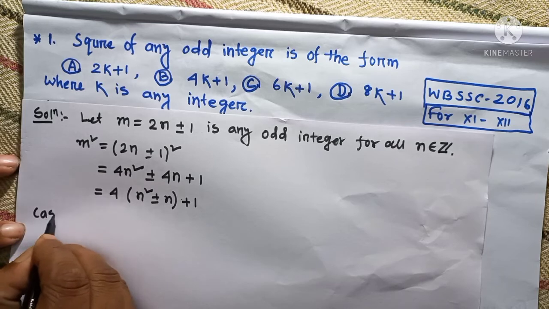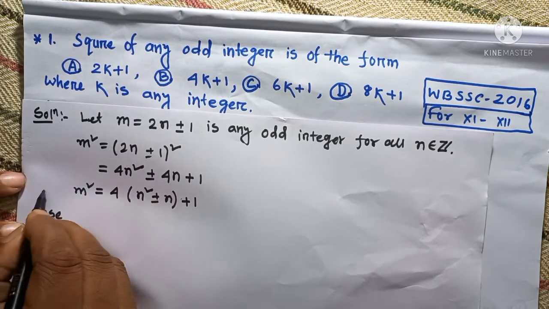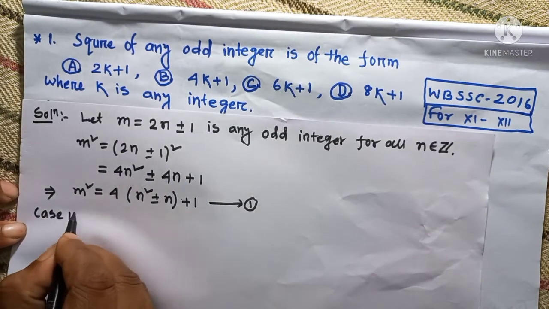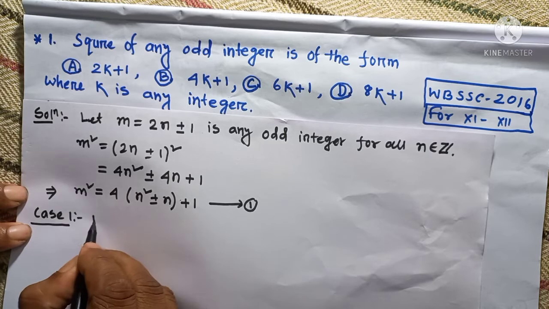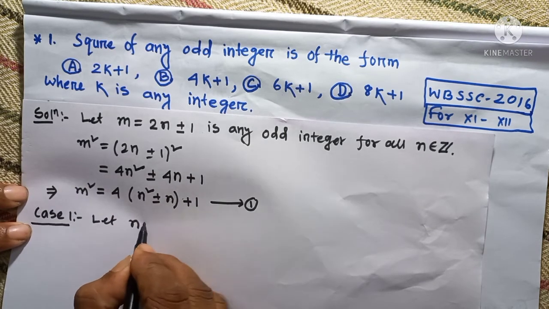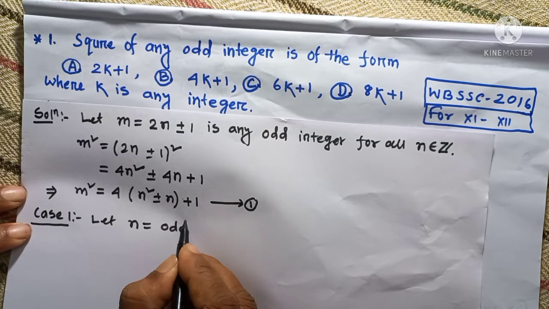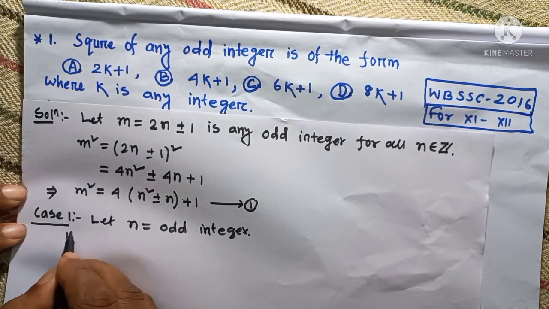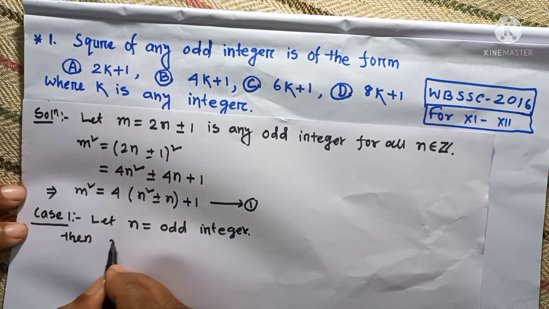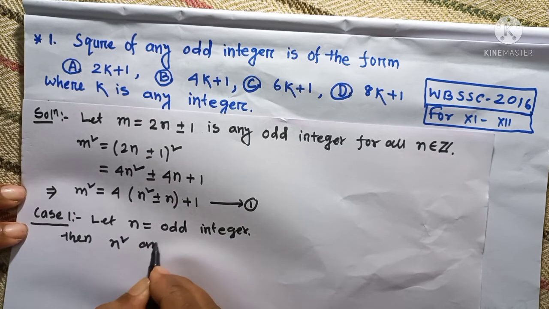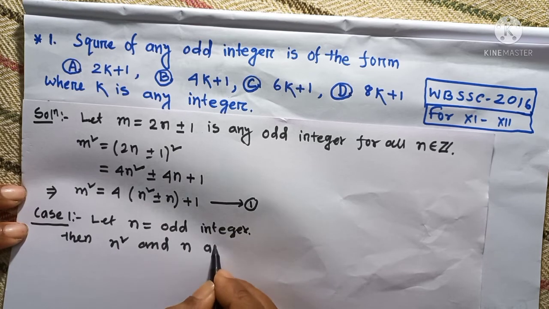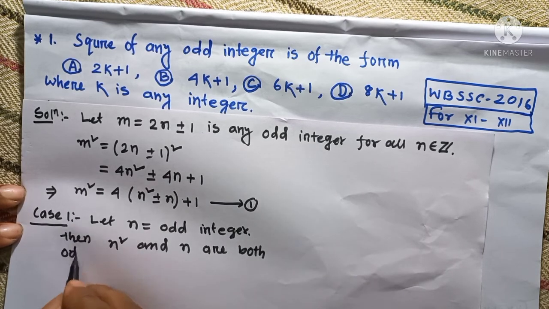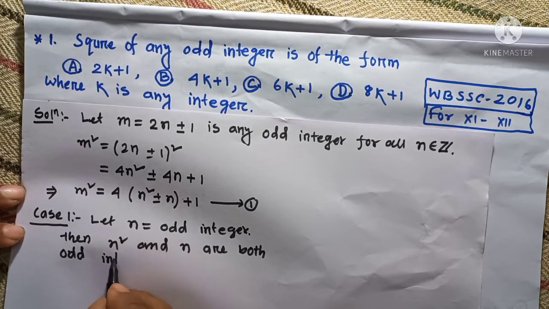Case 1. Let n equal to odd integer. Then n square and n are both odd integers.